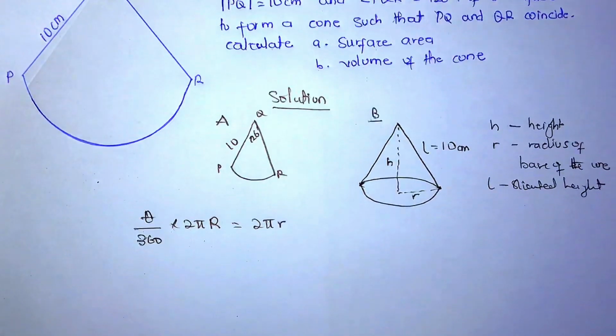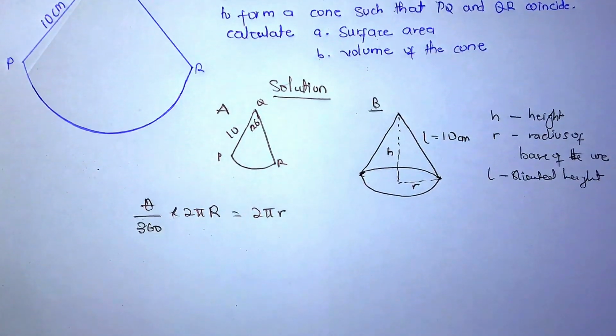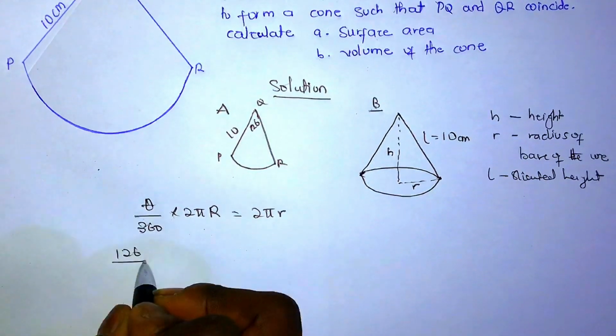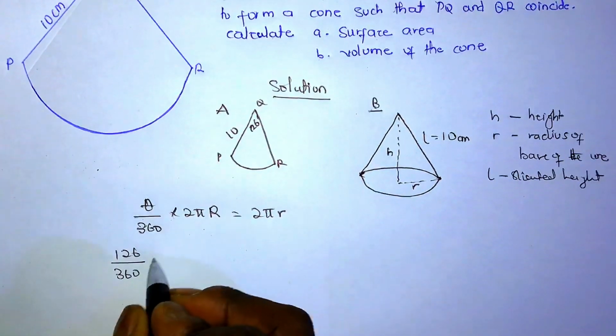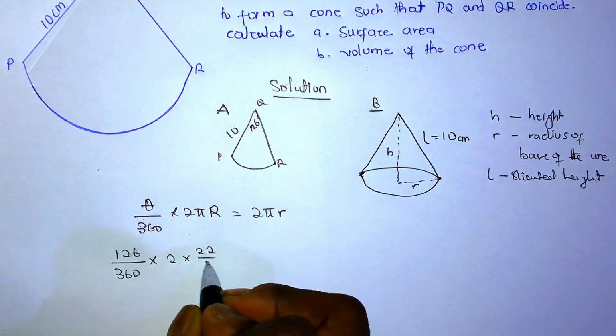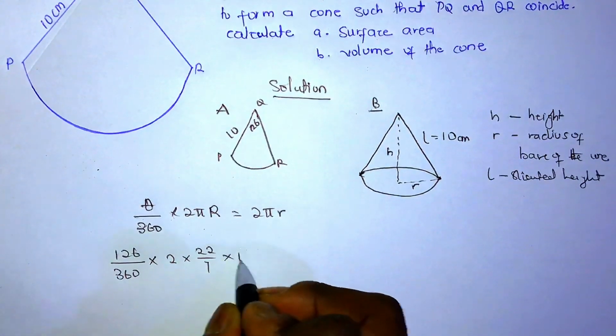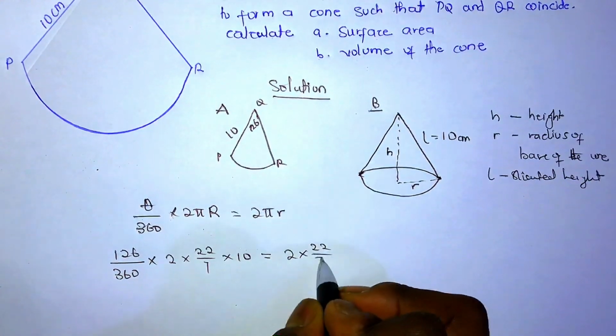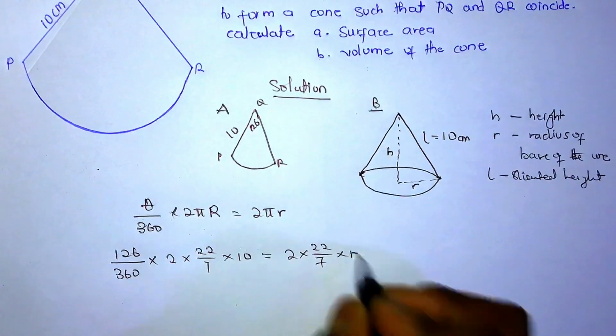So if we substitute the values, this is what you are going to get. 126 over 360 times 2 times 22 over 7 times 10 should give us 2 times 22 over 7 times the radius we don't know.